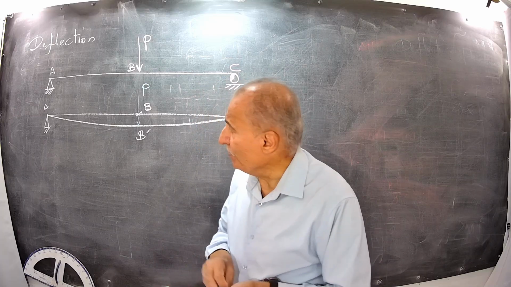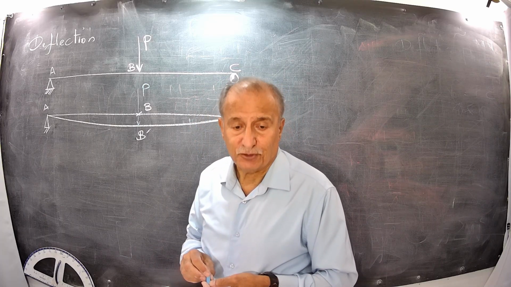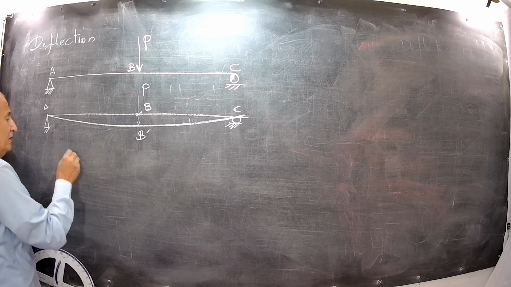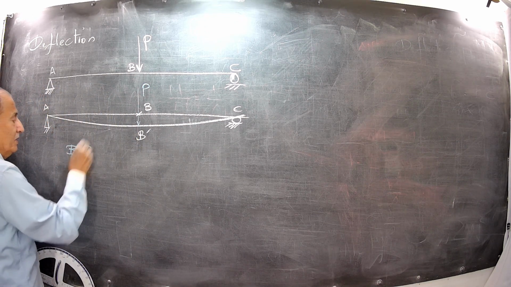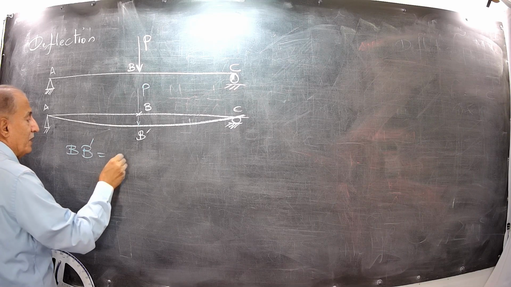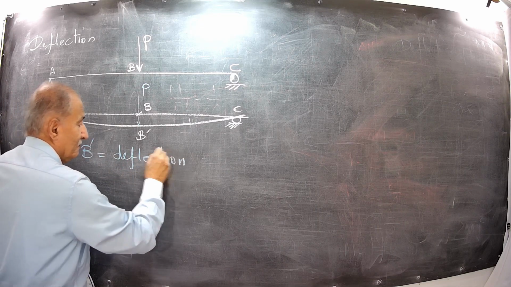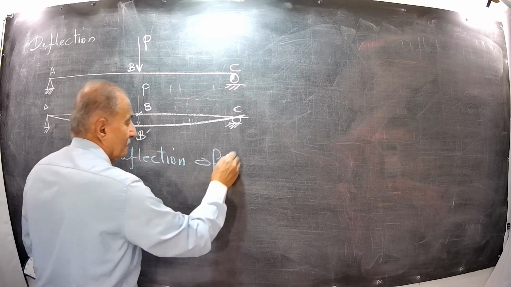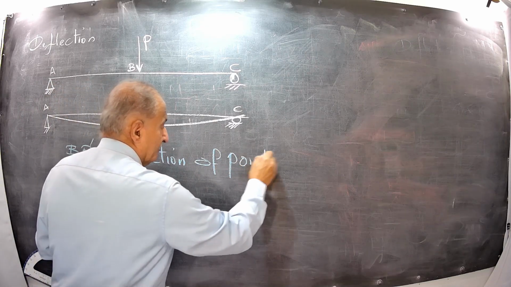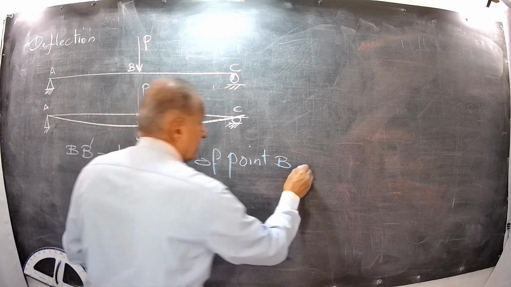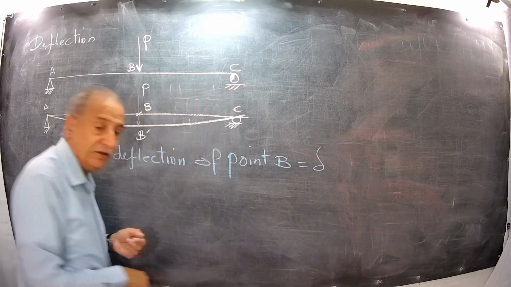Okay, BB prime is called deflection. Then BB prime is called deflection of point B, and is shown by the Greek letter delta.